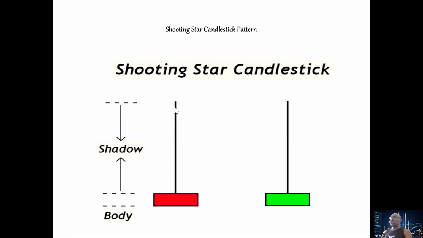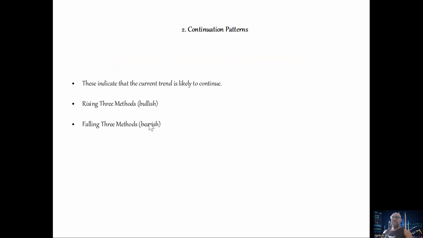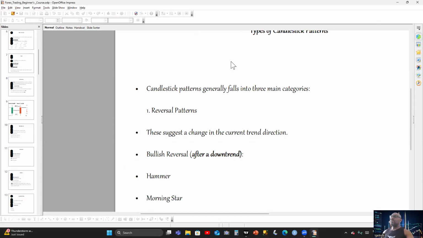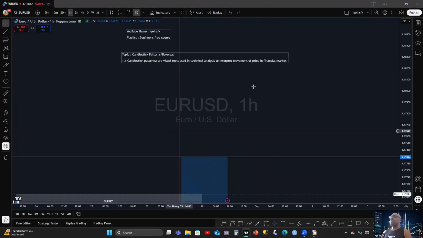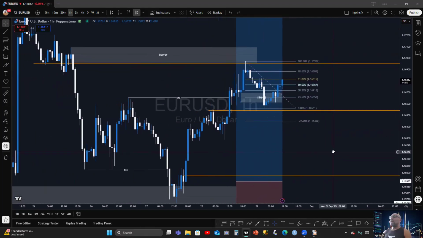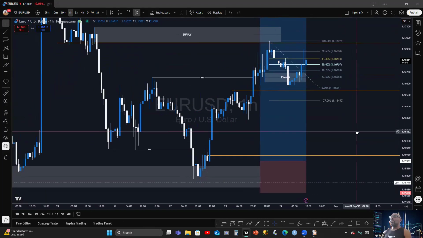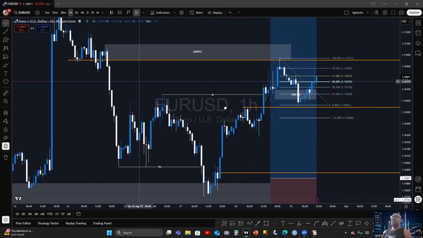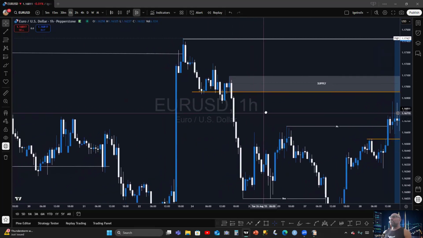Once this candle closes like this, the next candlestick is your entry. All right, so that is that. And that being said, let's move on to our chart so that I can show you some examples.